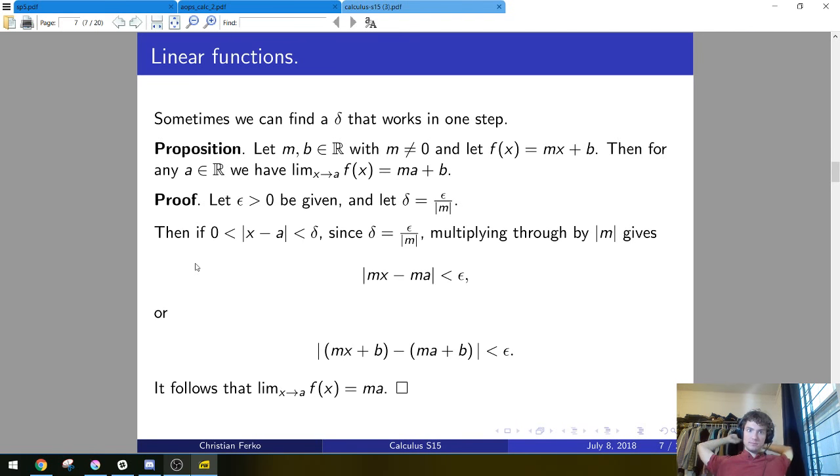Then for any a that is an element of the real set, we have the limit of f of x as x approaches a equals m times a plus b. That couldn't be worded very well.